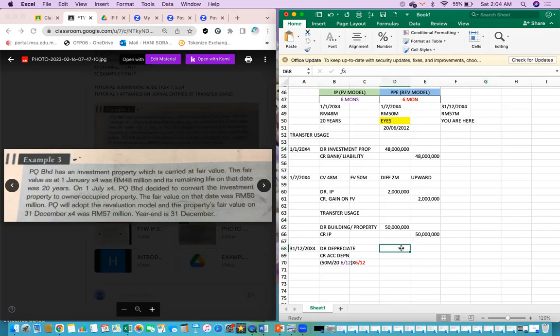So now how do you calculate it? 50 million divided by 20 minus 6 over 12, and then this one times 6 over 12.